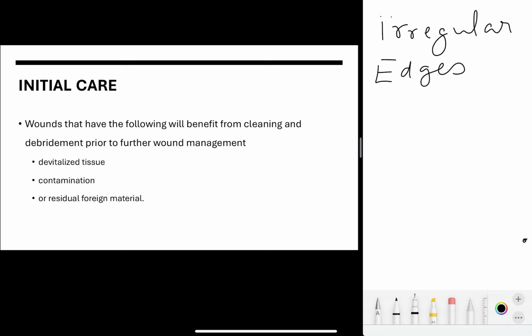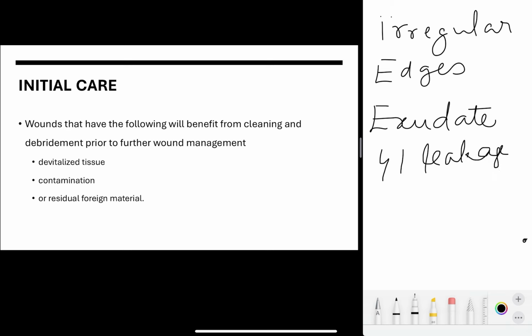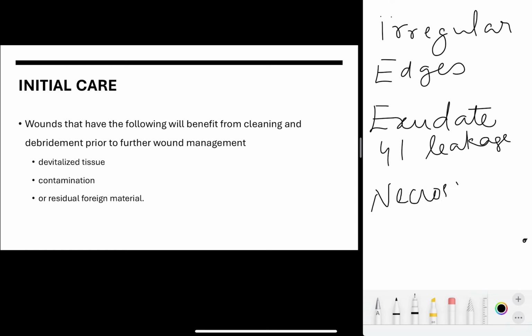Whereas surgical wounds that have wound dehiscence, or the reopening of the surgical incision, may have an infected exudate or GI leakage or necrosis of the muscle or fascia. So these substances impede the healing of the wound.